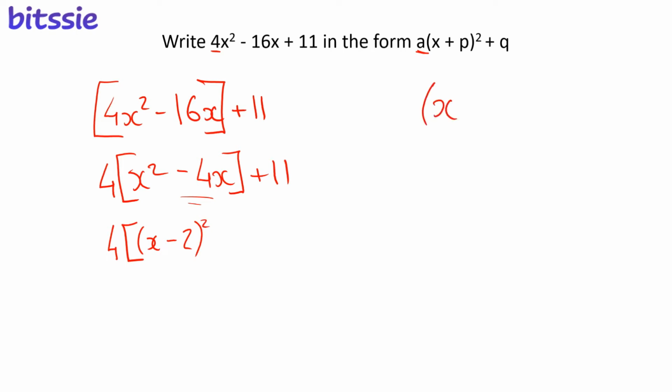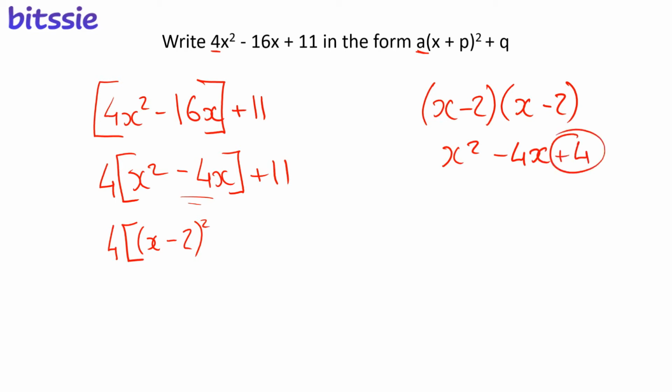And then x minus 2 times x minus 2 is equal to x squared minus 4x plus 4. Meaning our plus 4 is extra, so we subtract 4, put it in the square brackets, add an 11 on the side.